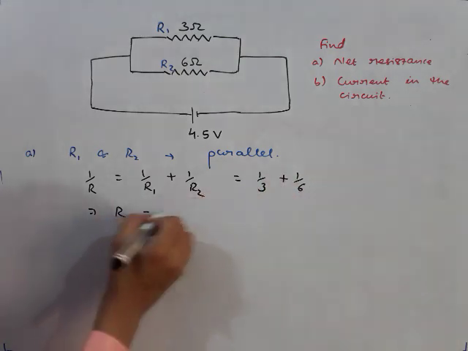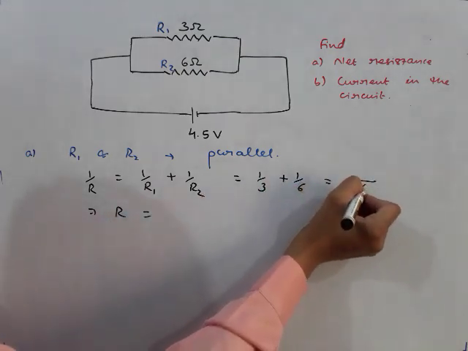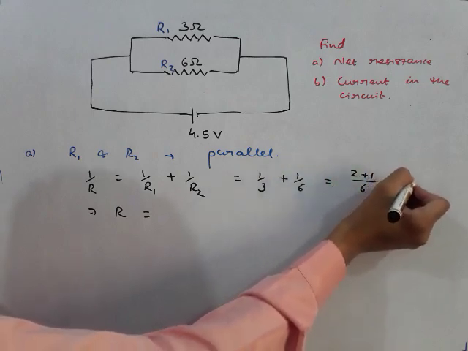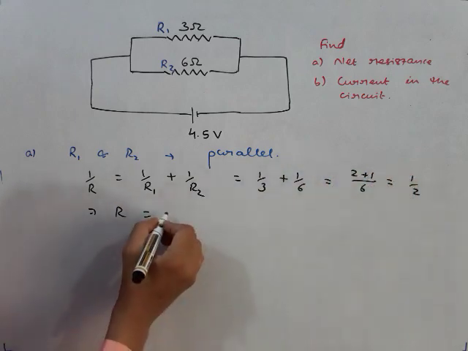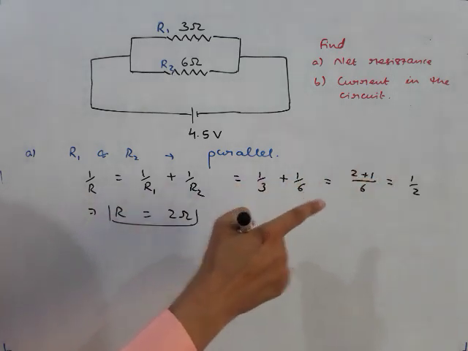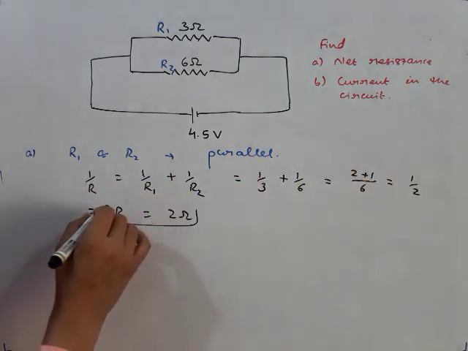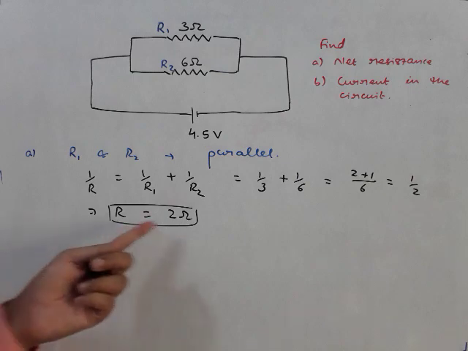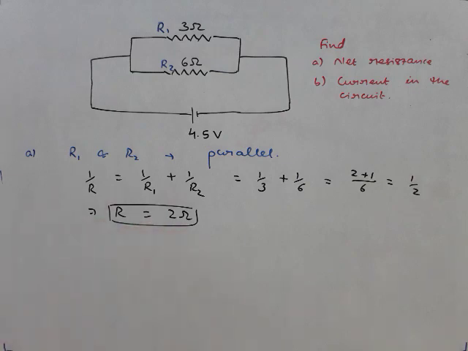You can take LCM. This is 1 by 2. 1 by 2 is not R, that is the reciprocal of R. So R will become 2 ohm. So 3 ohm and 6 ohm resistors in parallel give net resistance as 2 ohm.